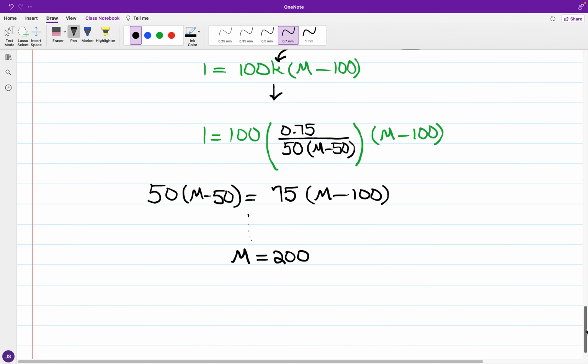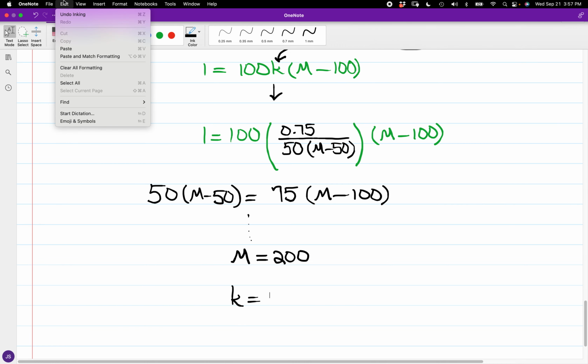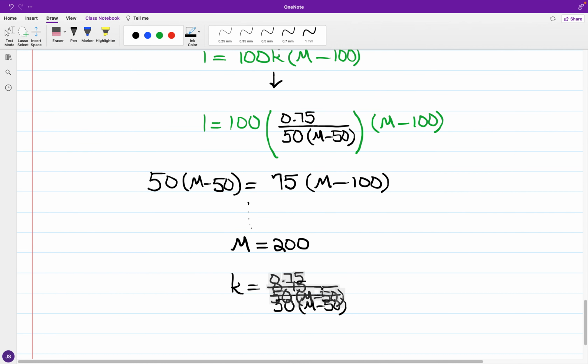And looking at what we have with M now known to be 200, now I can express what I have for K this time around. With the value of M at 200 and the number of millions, 0.75 all over 50 times the difference of 200 and 50, so it'd be 150 times 50 and 0.75 over that.